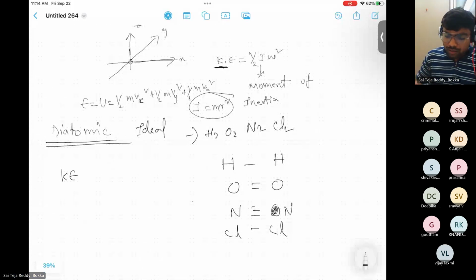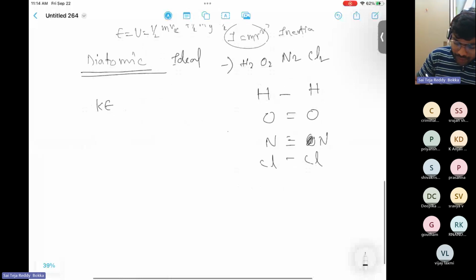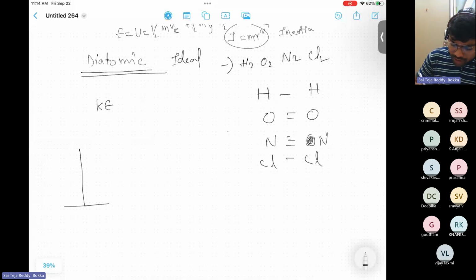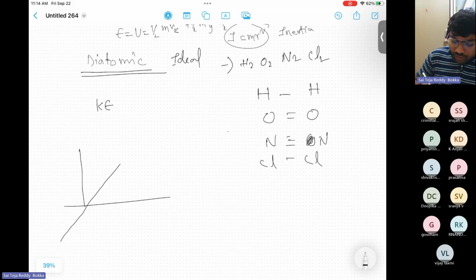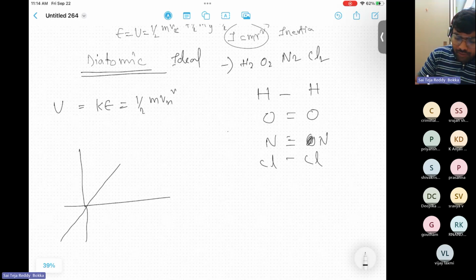Now you have to say along which directions it can spin. The kinetic energy, it will move along the x-axis. We can take U is equal to half mvx square plus half mvy square plus half mvz square.